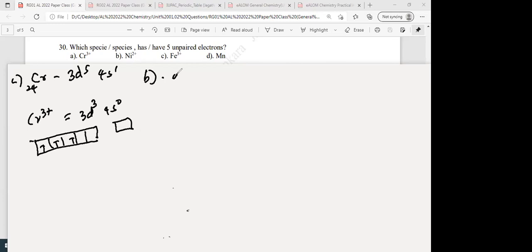Nickel, what is the atomic number? Nickel atomic number is 28. So what is the configuration of nickel? Then you can go for Ni2+. 3d8 4s2.